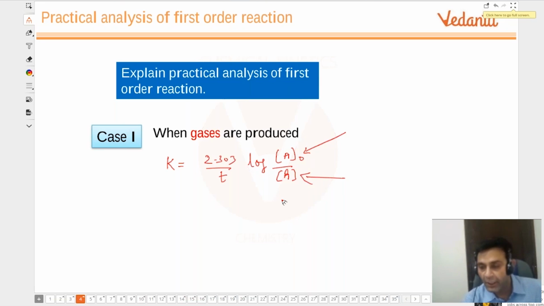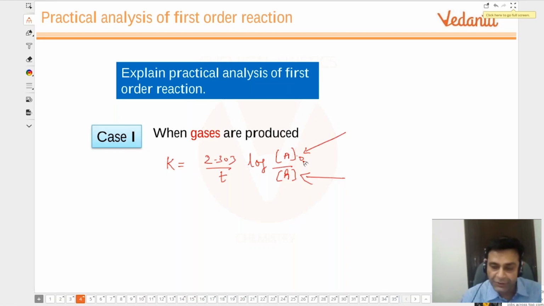Now, if the reactant and the products are not in the solution form, but they are in the gaseous form, then we cannot measure their concentration, but we can measure their pressure, right?